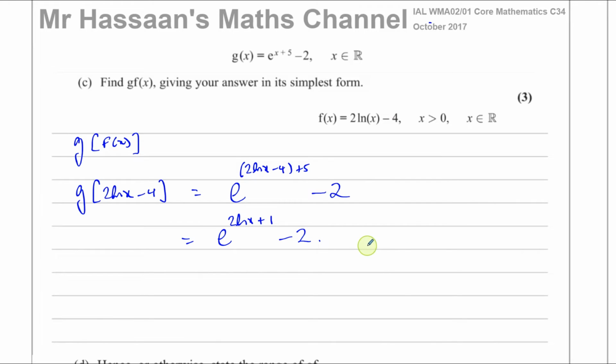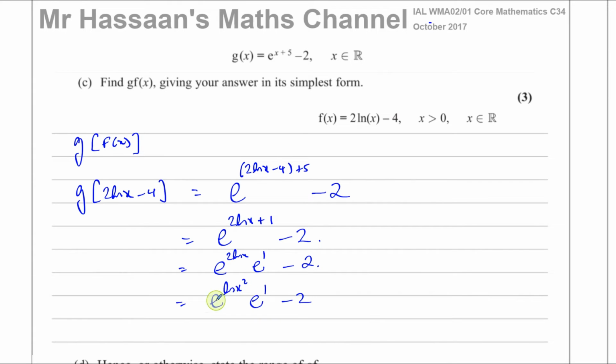Okay, so now we have to give the answer in its simplest form. So what I can do here is rewrite this as e to the power of 2 ln x times e to the power of 1 minus 2, which is the same as e to the power of ln of x squared, using the power law, times e to the power of 1 minus 2.